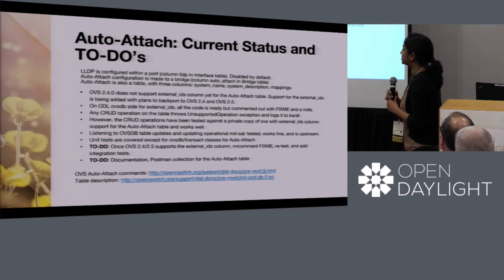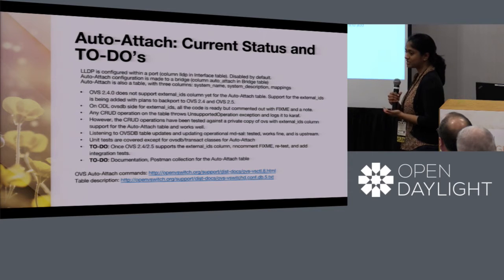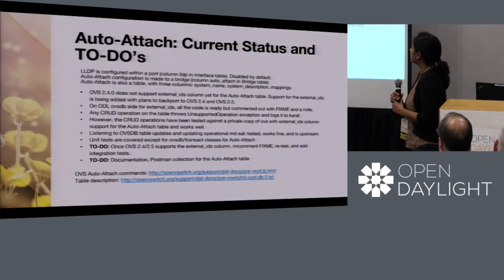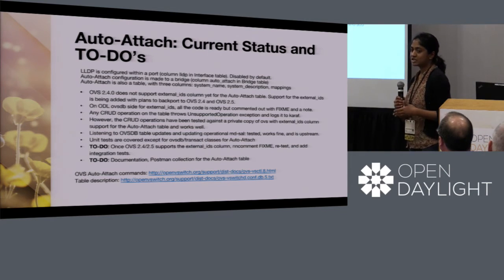The current support in OVS for this does not have an external IDs column supported in the auto attach table. So configuring this table from ODL cannot be supported until they implement it. So that part is a to-do item. Of course, the rest of the implementation for syncing ODL with table updates is done.